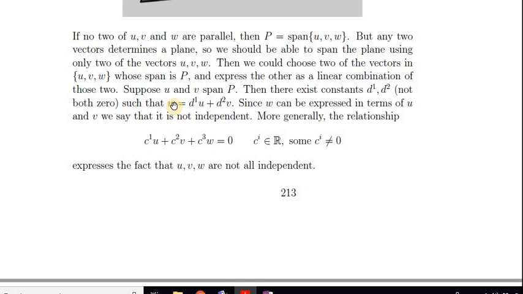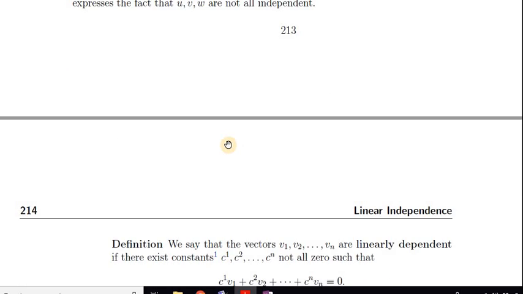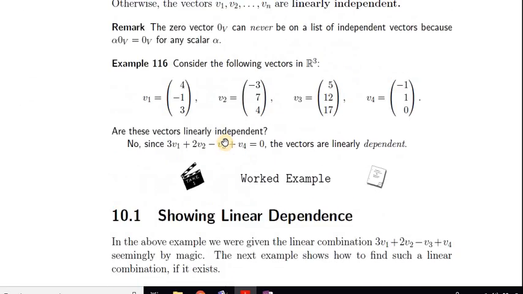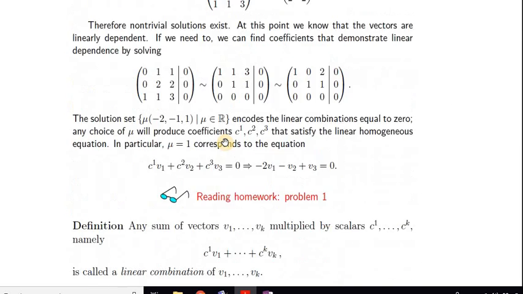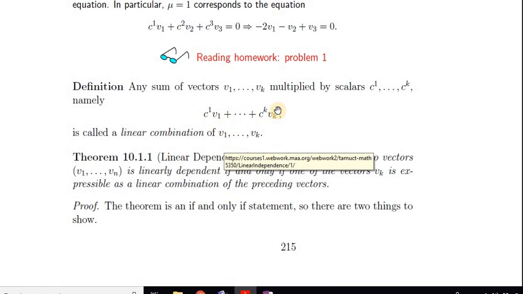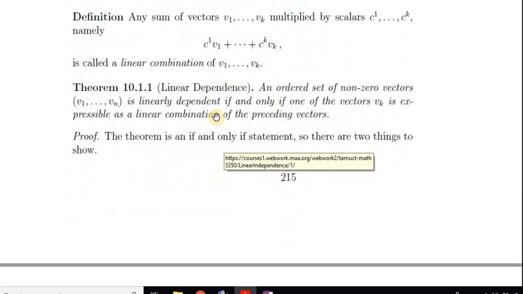So if w is expressible in terms of the others, that means that the 3 are linearly dependent. So you can look at this two ways. You can say that vectors are linearly dependent if there is some linear combination that gives 0, or you can say vectors are linearly dependent if one of the vectors is expressible as a linear combination of the others.